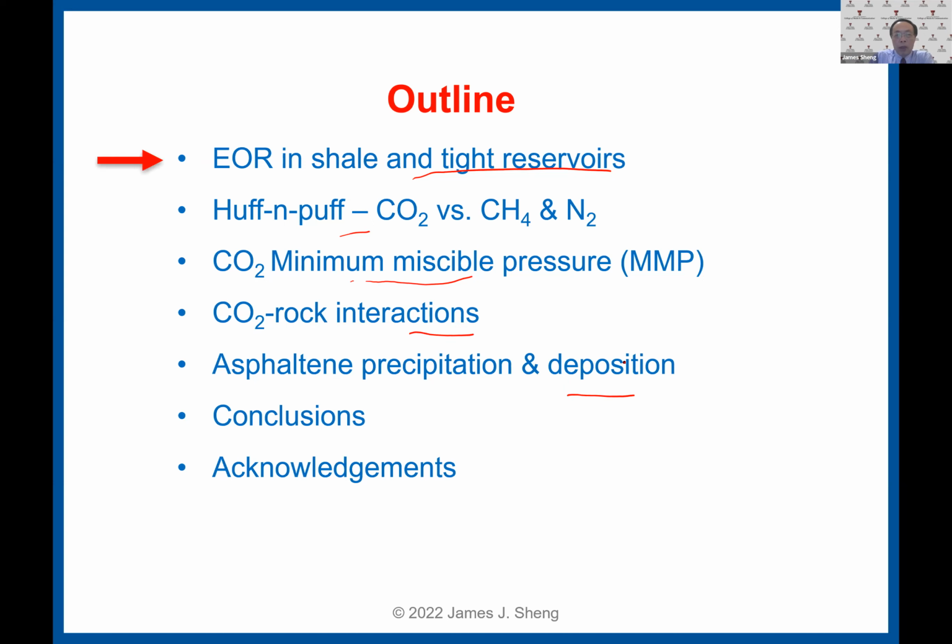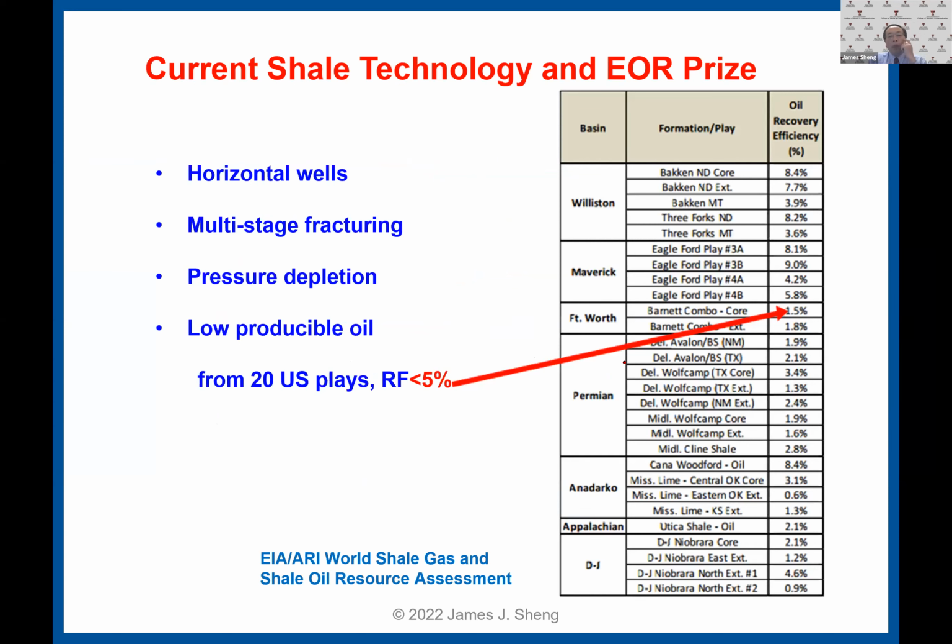So first, let's look at the current technology for shale and tight reservoirs. We have to drill horizontal wells, and we have to do multi-stage fracturing of the horizontal well. And then we deplete the pressure so that oil can come out. So that is basically the current, kind of mature, technology.